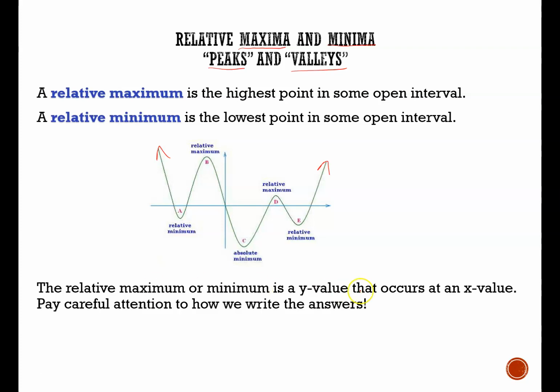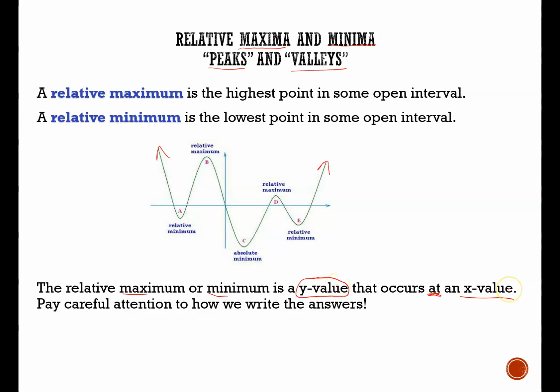Okay, let's read this sentence at the bottom. The relative maximum or minimum is a y value that occurs at an x value. So that's going to help us know how to write our answers. We're not going to just write the ordered pair. We need to make sure that we know the actual max or min is the y value.